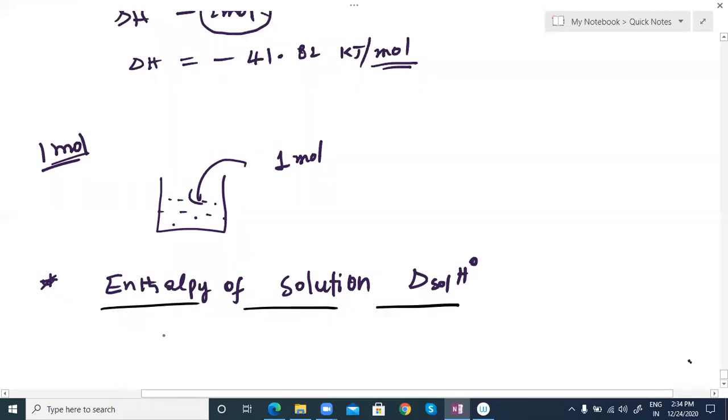Write it: it is the enthalpy change. Enthalpy means we are calculating heat of the substance at constant temperature and pressure. Please keep in mind, enthalpy means constant pressure.